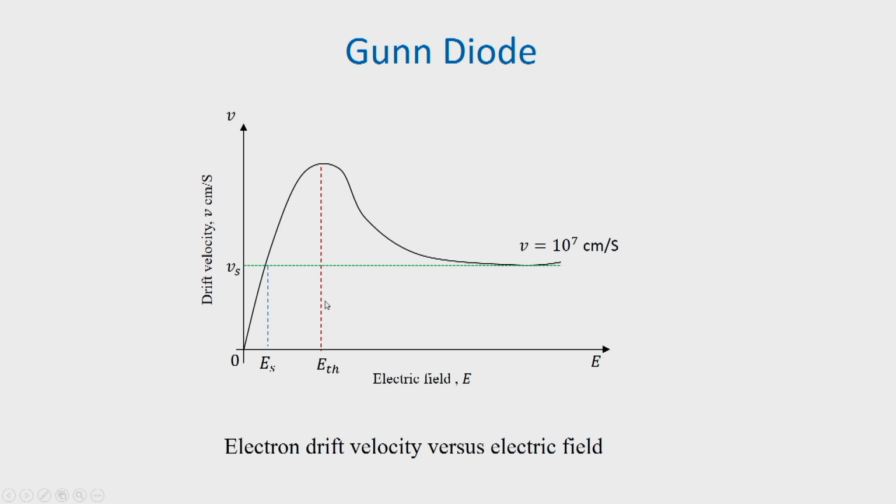ETH is the threshold electric field above which the negative differential mobility comes into picture.